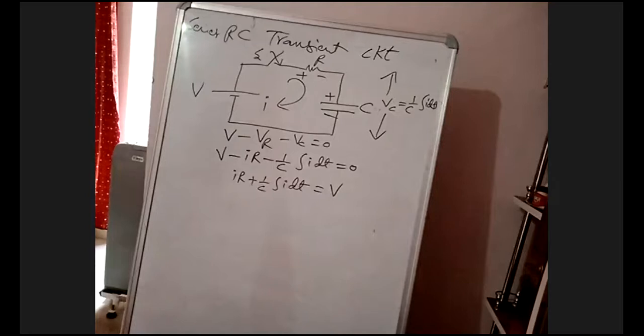If integration is there, we can't apply the first order differential equation. So we have to remove the integral. How can we remove the integral? We have to convert this equation into first order differential equation.